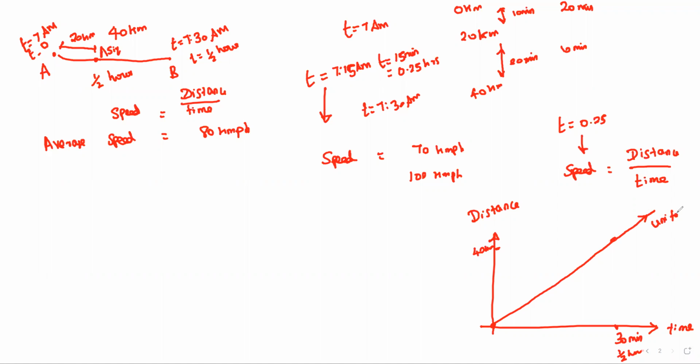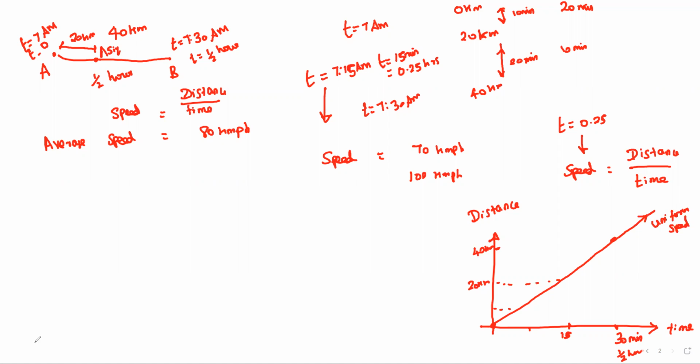If you travel at uniform speed, that will be a straight line. Each time you are traveling the same distance. So in 30 minutes, if you consider 15 minutes, you will reach 20 kilometers. At 7.5 minutes, you will reach 10 kilometers. So you travel uniform distance in uniform intervals of time when you travel at constant speed.